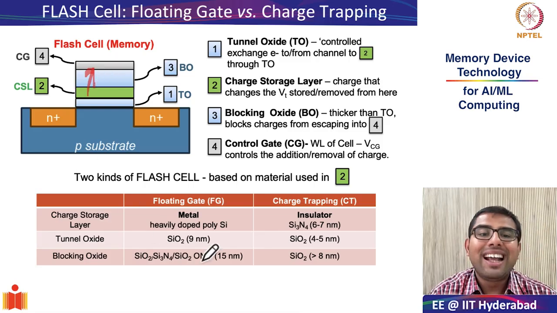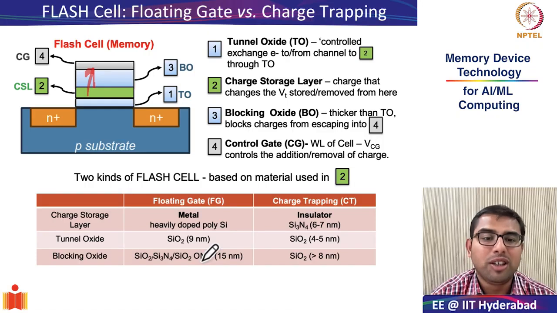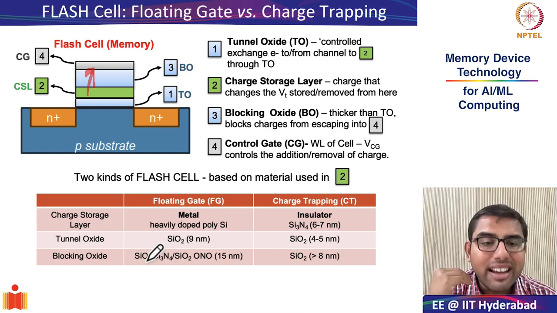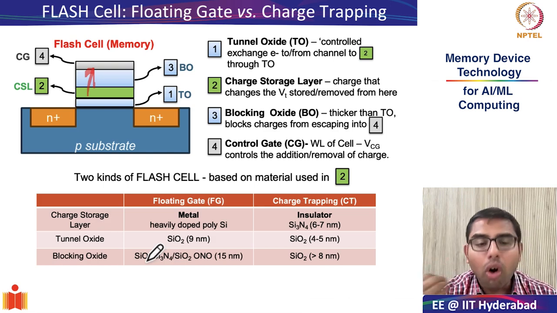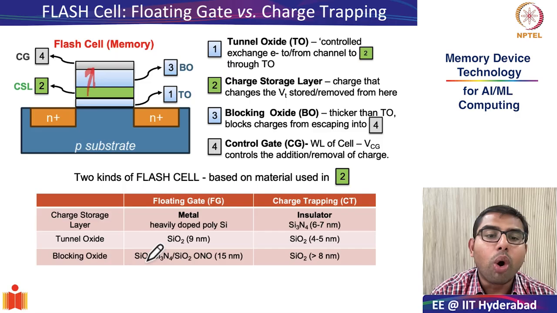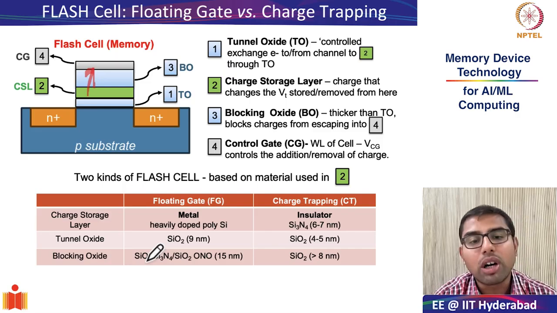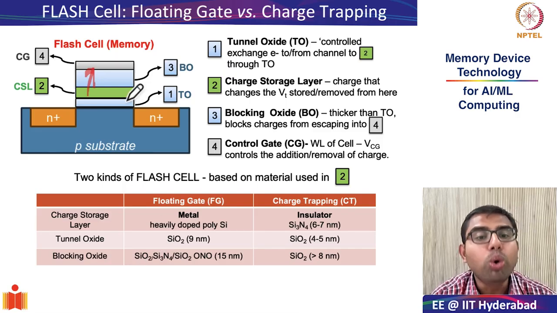Therefore, a more finely designed blocking oxide, which involved a heterostructure of SiO2, silicon nitride, and SiO2, also known as oxide nitride oxide, ONO, heterostructure, was used as the blocking layer. That was roughly 15 nanometers thick.